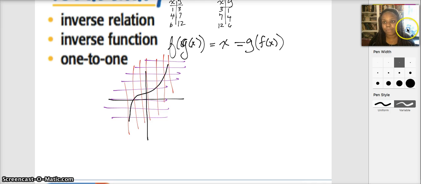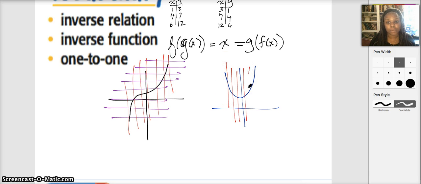Let me show you an example of a function that is a function but is not one-to-one. You can see this parabola is definitely a function, it passes the vertical line test. But when we throw in the horizontal line test, we see that for the most part, every horizontal line is going to hit 2 points. That means, yes, for each x, there's only one y, but for each y, there could be 2 x values.